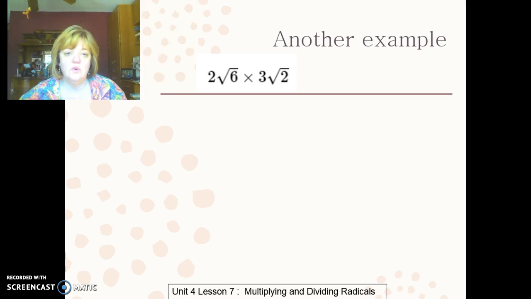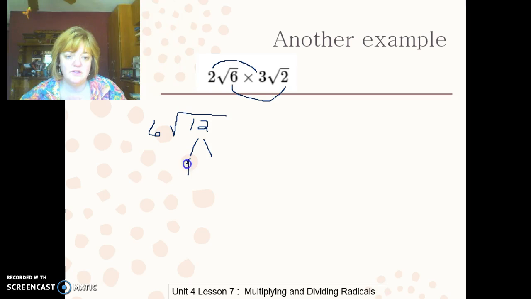Again, we are going to multiply our coefficients and then multiply our radicands. First of all, 2 times 3, that's easy, 6. And under the radical, 6 times 2, which is 12. One more time, simplifying the 12, looking for a perfect square in the factors.